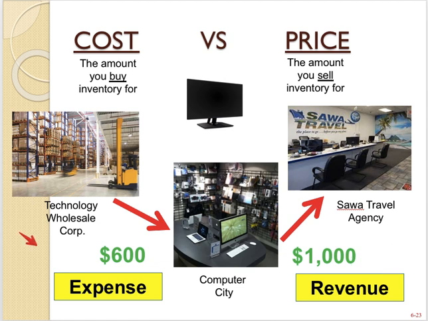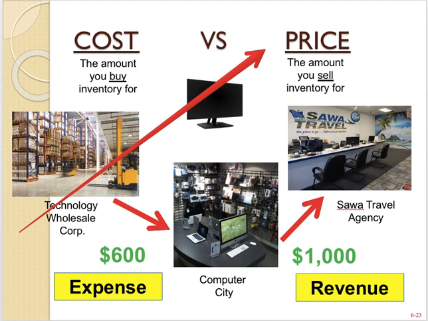And the $600 is the expense, which is the cost of the monitor to us. It is essentially the amount that we used up in order to generate this revenue. So keep those thoughts in mind, cost versus price, as we go through this entry.